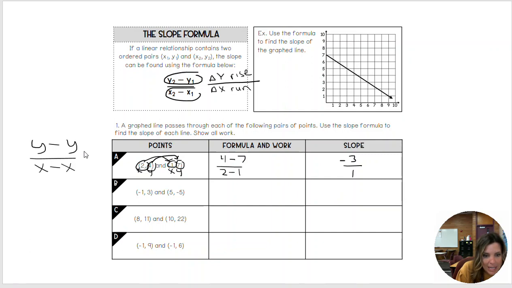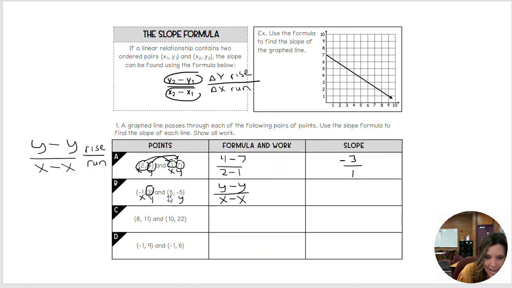So we are finding our rise and our run by just using subtraction to help us find the amount of change. Okay, so let's go ahead and look at B. If this is my x, this is my y, this is my x, this is my y, to find slope, all I'm going to do is take my slope formula, which is y minus y over x minus x, and find my rate of change. I find my change of y by using subtraction.